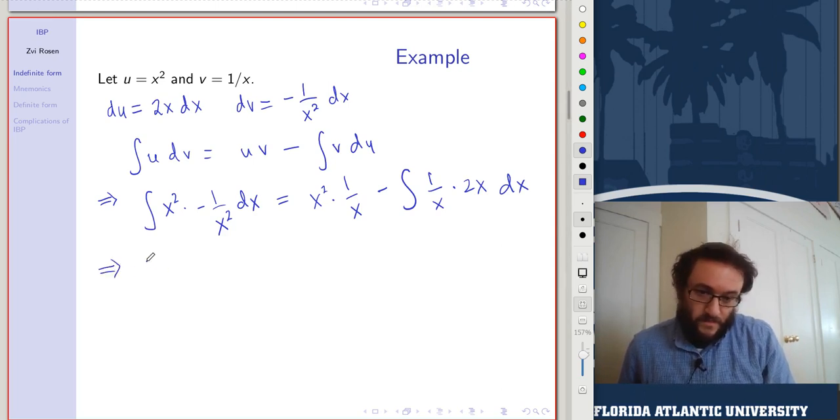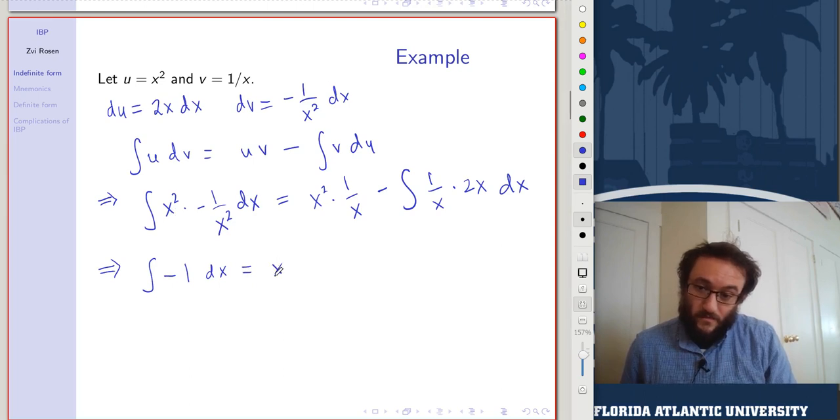So simplifying this equation a bit, we have the integral of x squared times minus 1 over x squared, which is minus 1, dx is equal to x minus the integral of 2 dx.